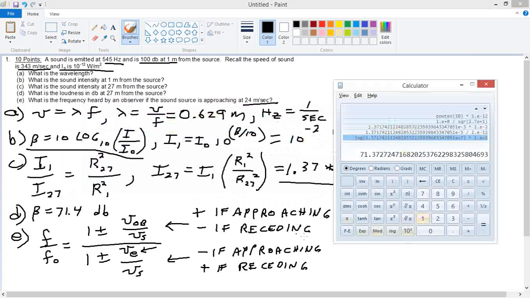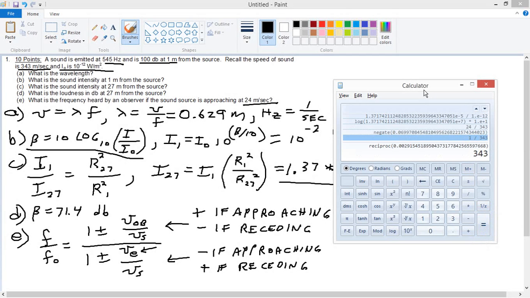Okay. So we get 24 meters a second. 24 divided by 343 equals, negate it, add it to 1, equals, now I got to take the reciprocal, equals, something's wrong, clear everything out, 1 minus 24 divided by 343 equals, there we go.